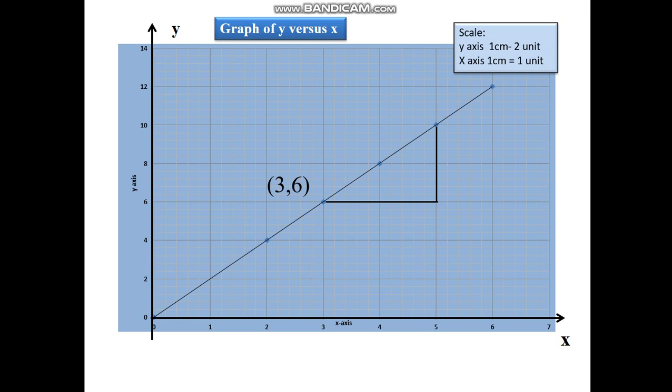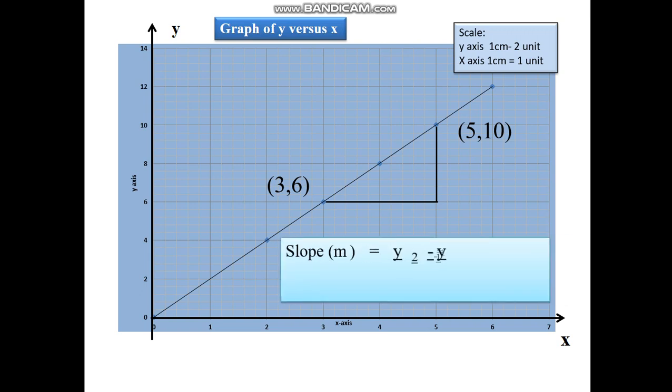This point has the coordinates 3 and 6. This one has 5 and 10. So the slope can be written as m is equal to (y2 minus y1) upon (x2 minus x1), that is 10 minus 6 upon 5 minus 3. That gives you 4 upon 2 again, which is 2. This is the 2-point method.